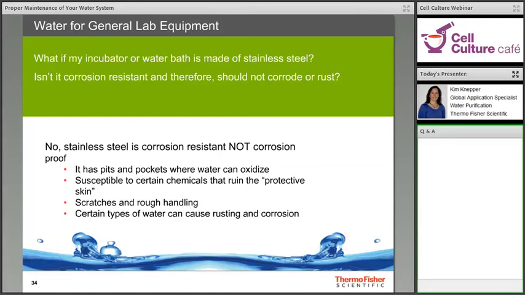It is susceptible to certain chemicals or even scratches and rough handling, even sliding incubator shelves on integrated shelf supports, anything that could ruin that protective oxidative layer, which is common to stainless steel. And then certain different types of water possibly could cause rusting and corrosion.